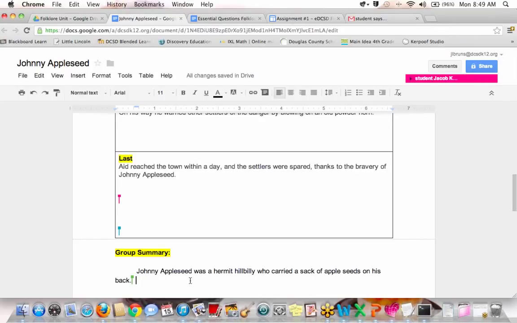How many sentences does a good paragraph have? Nicholas? 5. Yeah, I would say anywhere between 4 to 6 sentences is all that you need, okay? We have a topic sentence, which we just wrote together.